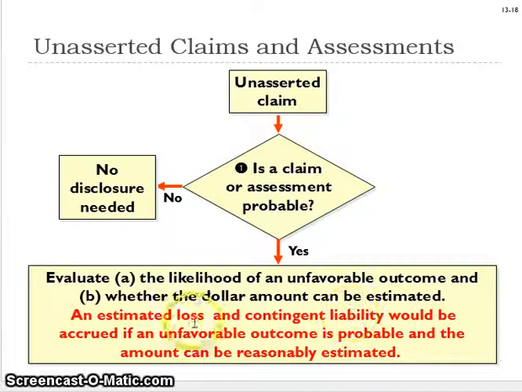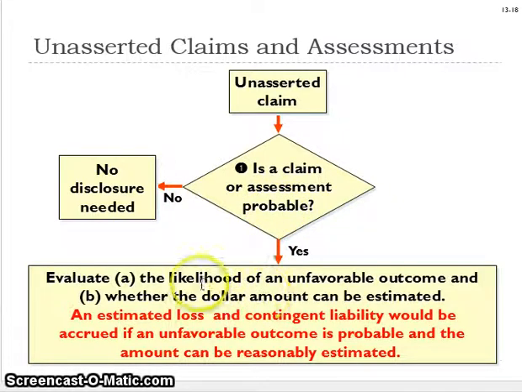What if you have an unasserted claim? This little diagram here kind of goes with everything I've been talking about. What if you have an unfiled lawsuit or some sort of claim? The question is, is a claim possible? Is it assertable, and is it probable?